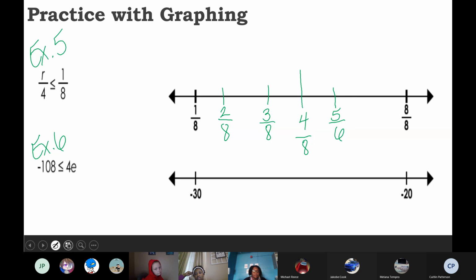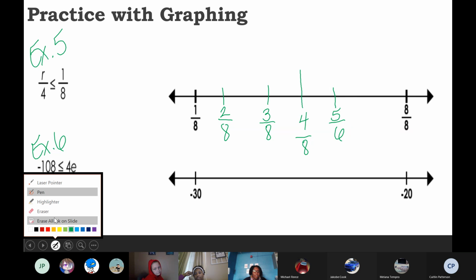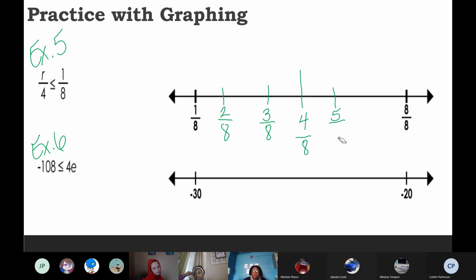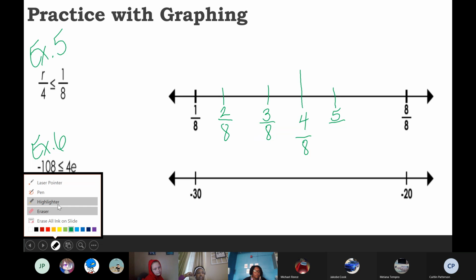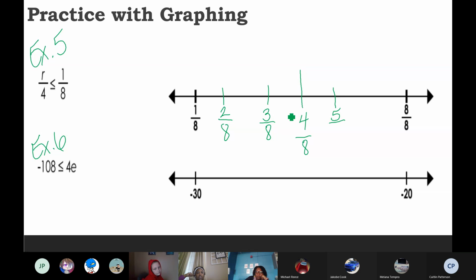Oh my goodness, I wrote 5/6. Okay. Very good. So what we see here, we have our graph completed.